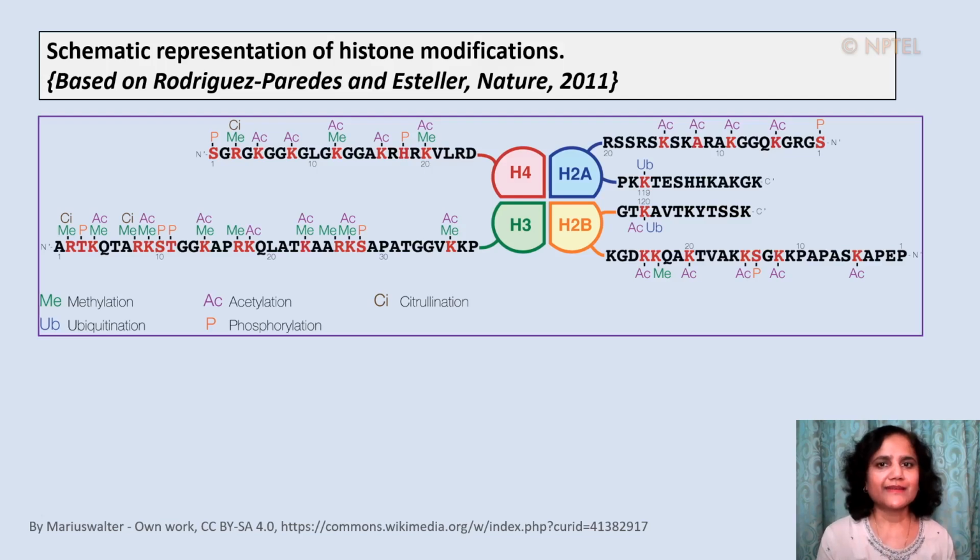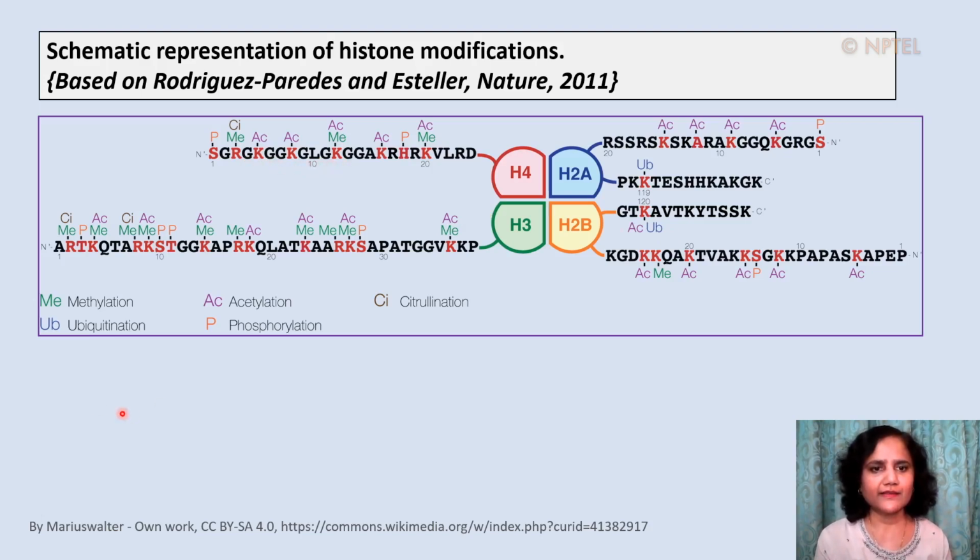Shown here is a schematic representation of histone modifications. The residues in the N and C terminal tails of each of the histones are shown here. So here are the tails for each of these histones, H2A, H2B, H3 and H4. In two of them you can see there is the N terminal as well as the C terminal tail sticking out. The potential sites of modification are shown.